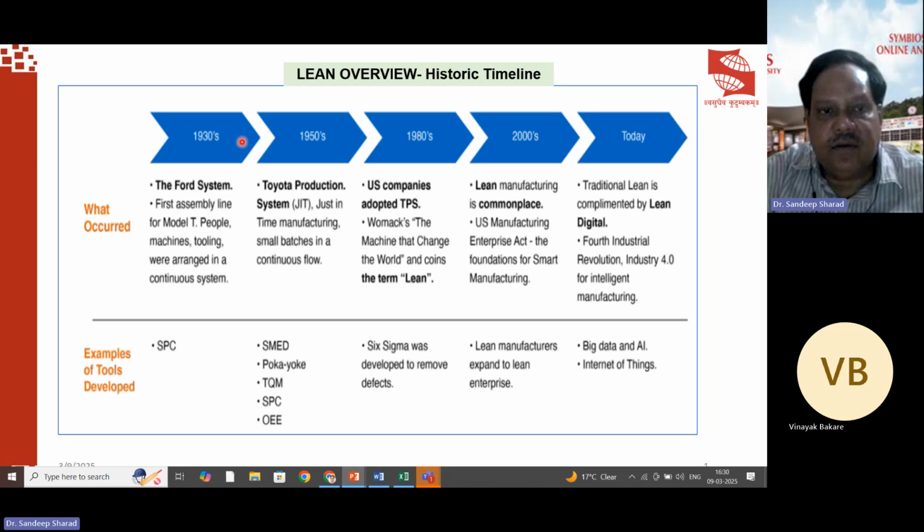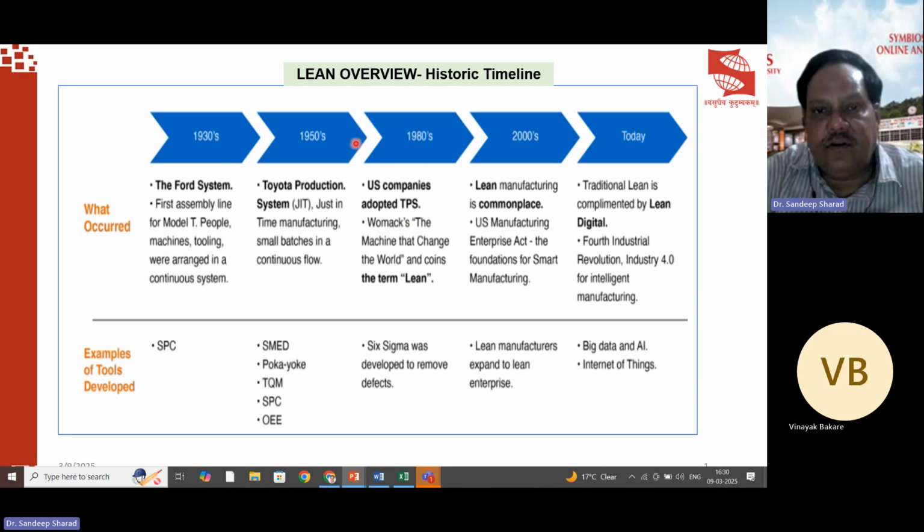Going on from 1950, the Toyota Production System, also JIT, just-in-time manufacturing system, developed small batches in a continuous flow, using tools such as POKA-YOKE, total quality management, SPC, OEE (overall equipment effectiveness), and SMED (single minute exchange of die).